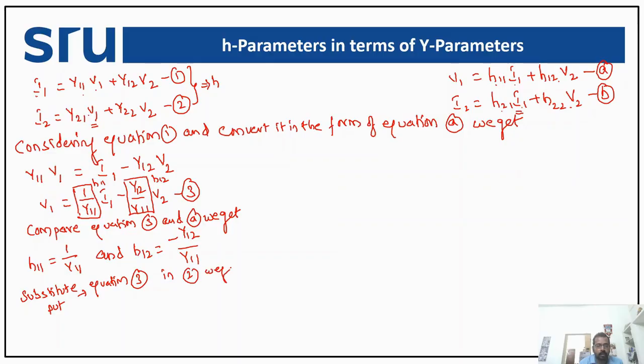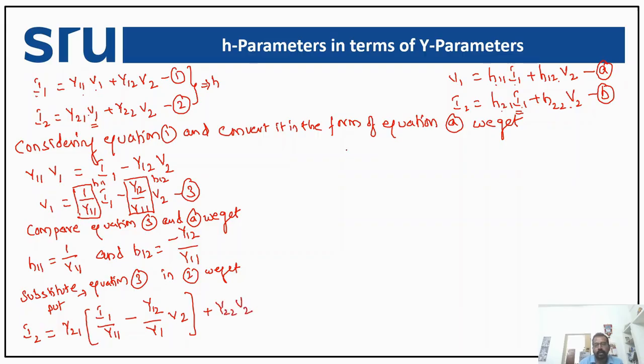We get I2 is equal to Y21 into I1 by Y11 minus Y12 divided by Y11 V2 plus Y22 V2.